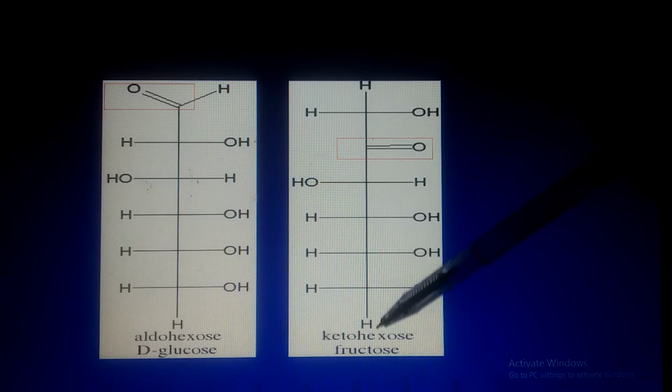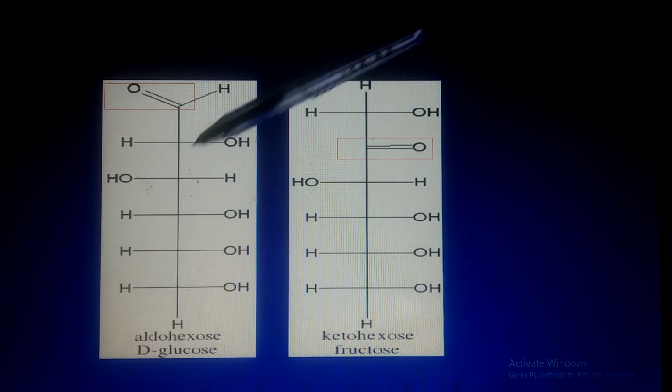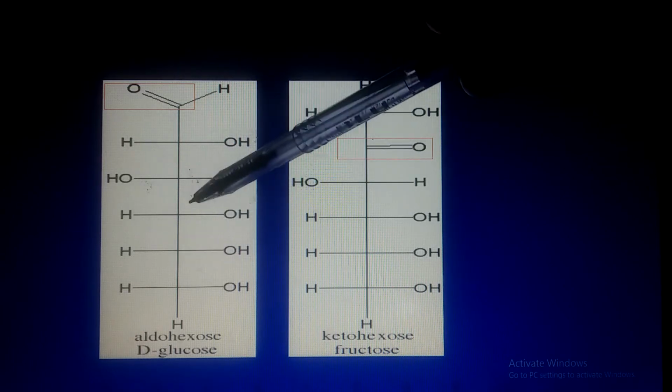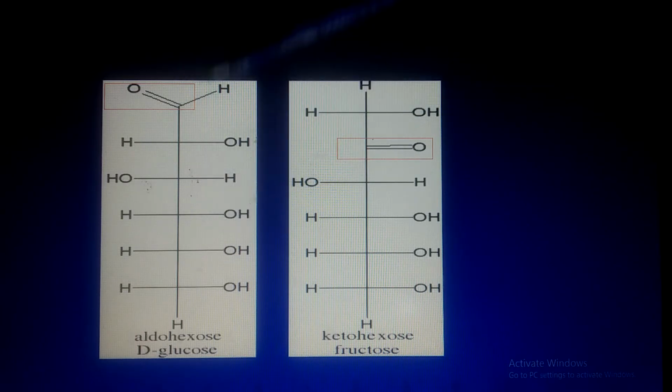So fructose is ketose and glucose is aldose. Now the concept is more clear: if the aldehyde group is present, then the biomolecule is known as what? Aldose. And if there is a ketone group, it is known as ketose.